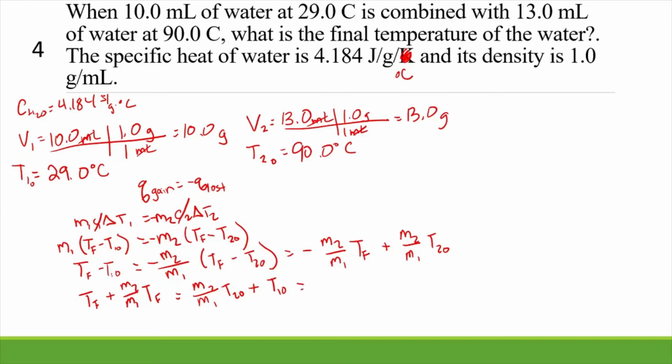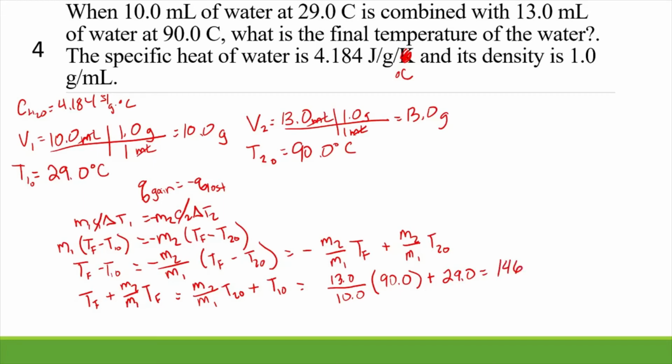So then that gives us M2, which is 13.0, divided by 10.0, times T2 initial, which is 90 degrees, plus T1 initial, which is 29 degrees. So this is 146.